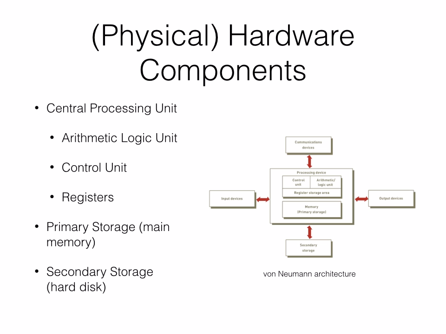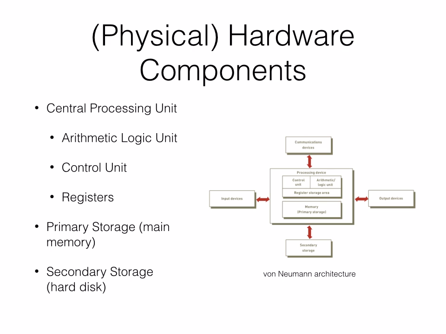So let's go to the next slide and talk about hardware components. The components we're going to talk about here are the arithmetic logic unit, the control unit, and registers, as well as different types of storage, such as primary and secondary storage. So the ALU, the control unit, and registers are within the scope of the processor.